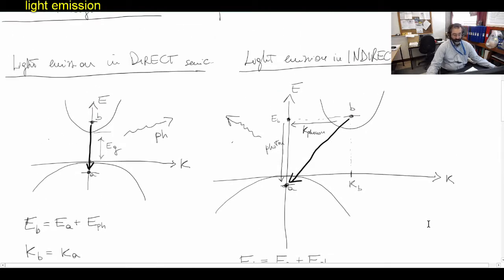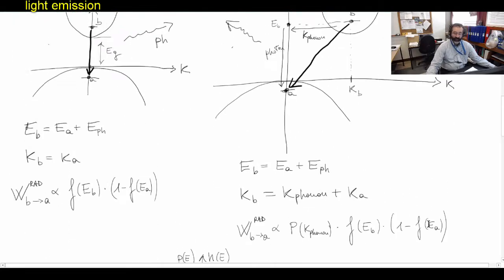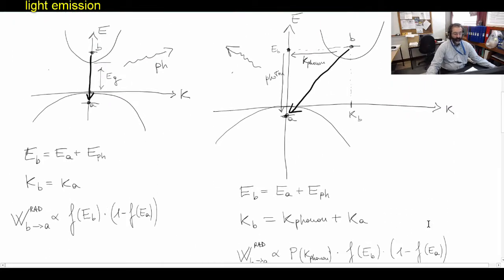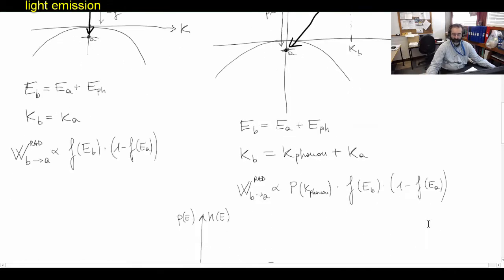Based on all this, we can now try to understand, as we did yesterday. You remember yesterday we looked at the absorption spectrum in semiconductors, and we had a look at the absorption coefficient as a function of the energy of the photons that hit the semiconductor and are absorbed by it.